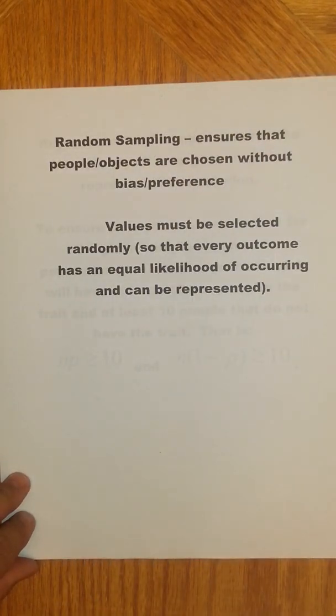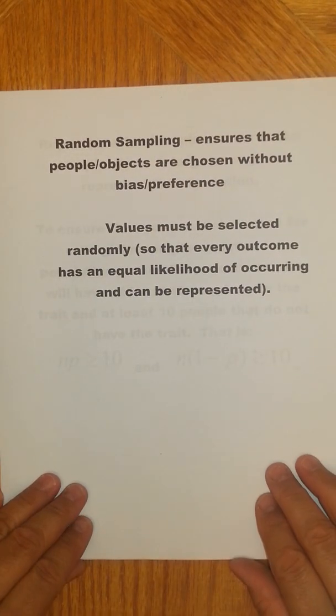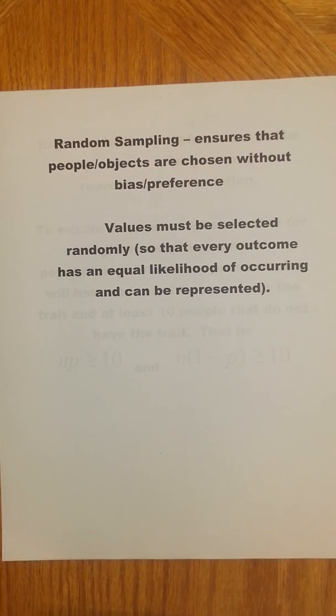random sampling. Why do we need to show that? Well, essentially, random sampling ensures that people or objects are chosen without any bias or preference, right? Because if there's some preference to pick one person over another, all of a sudden, not everybody's going to get represented equally. So now what we need to do if we're going to select randomly is essentially eliminate the human component.